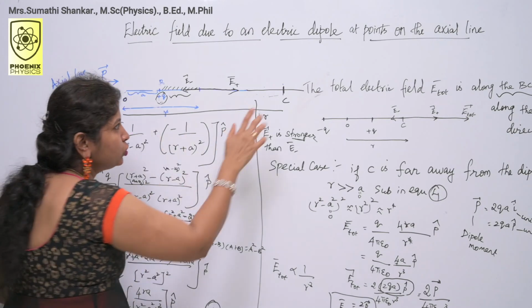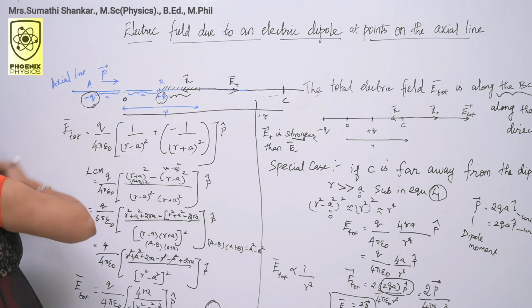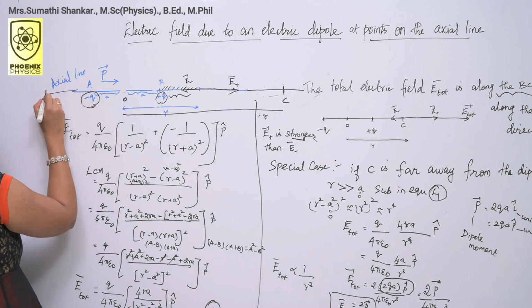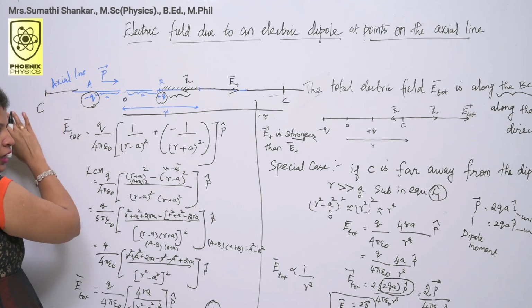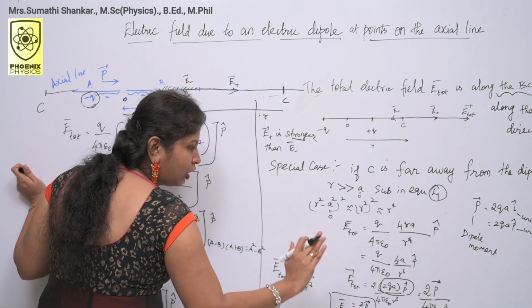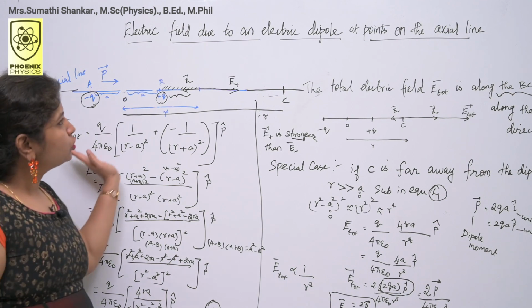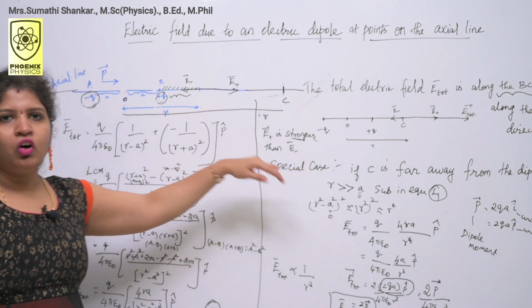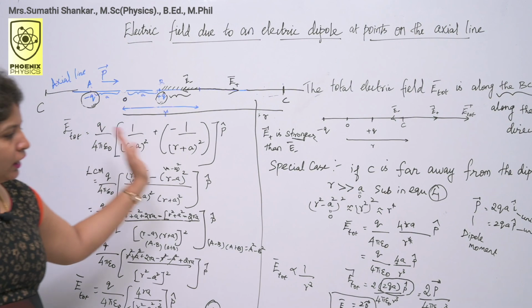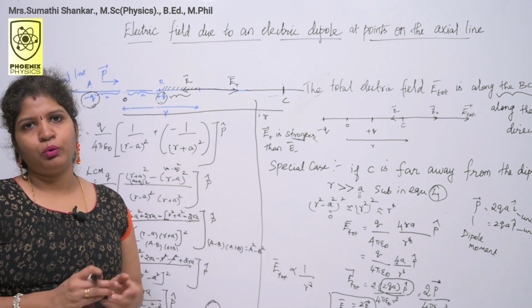Suppose you choose the point C on the left side of the dipole, like this. Left side of the dipole means same formula only; the direction is along the dipole moment direction. Whether you choose C on the right side or left side of the dipole, the result is the same. The direction is along the dipole moment direction.